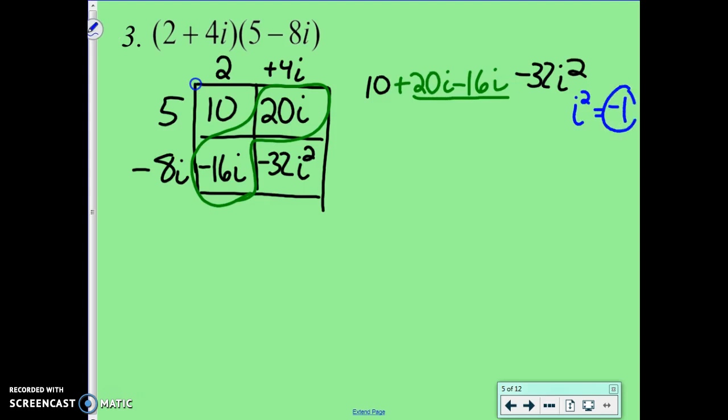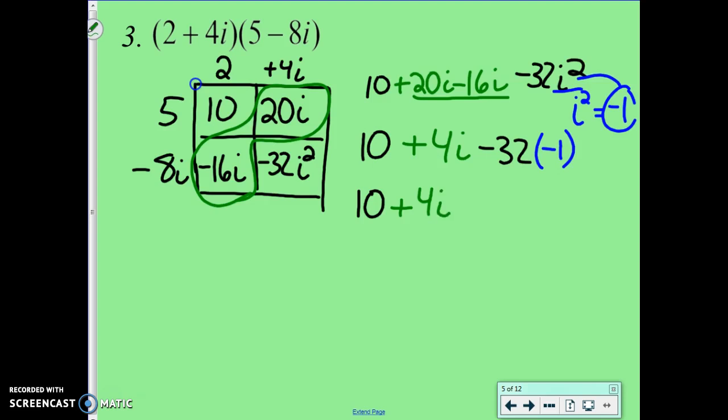So negative 1 is going to go in the place of i squared. And we're going to condense a few steps here. So I have 10 plus 4i minus 32 times negative 1. When I go through this, I end up with 10 plus 4i plus 32.